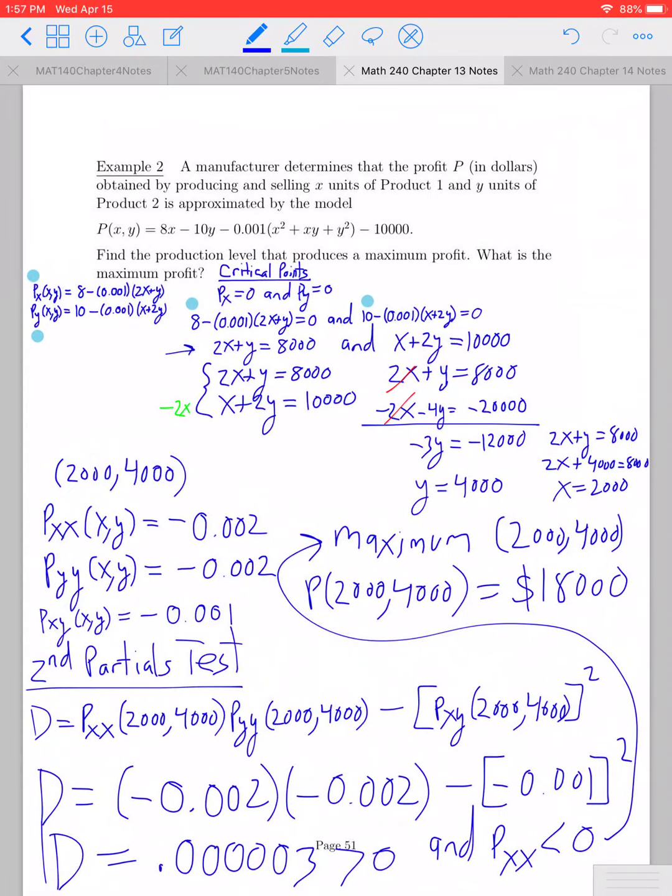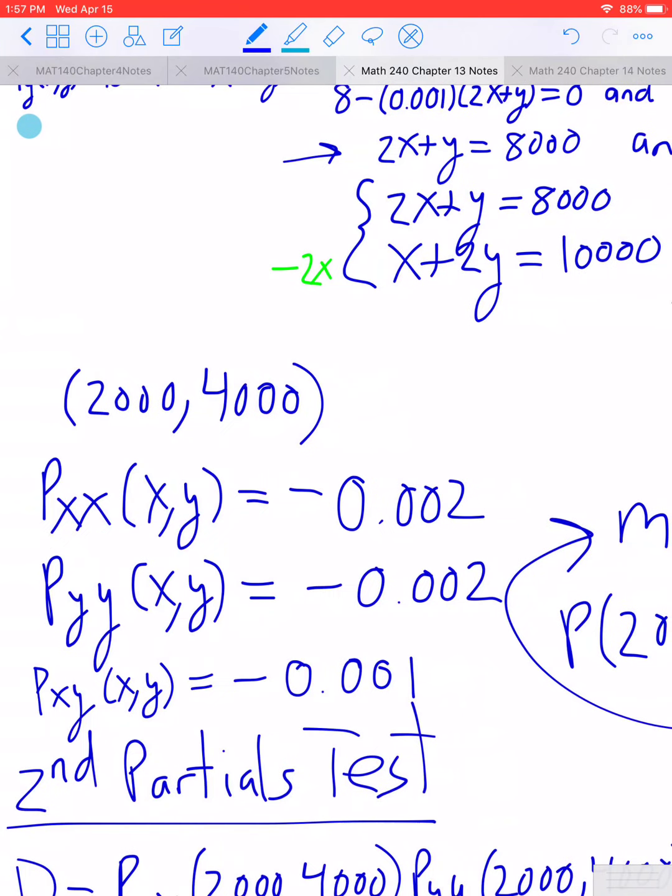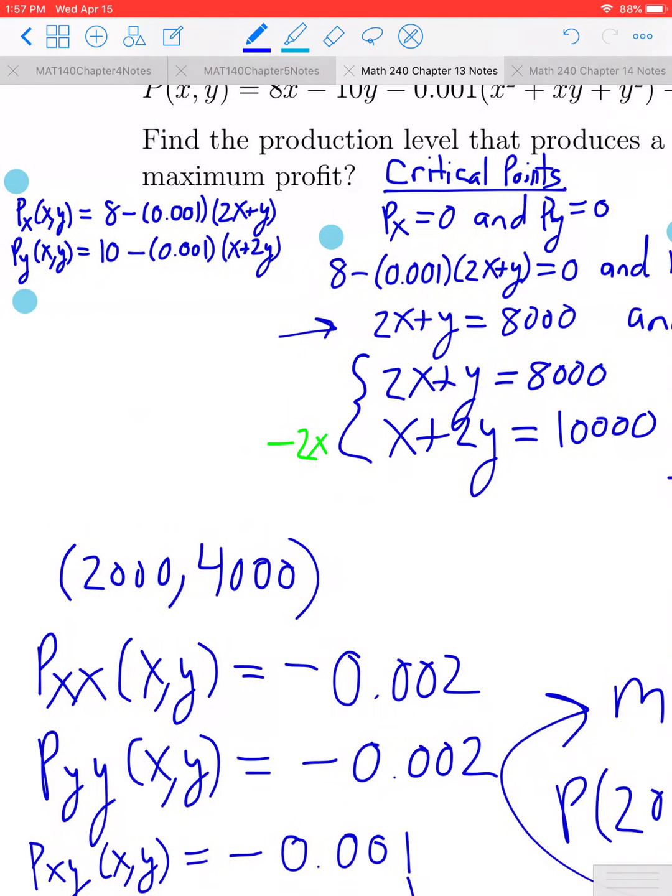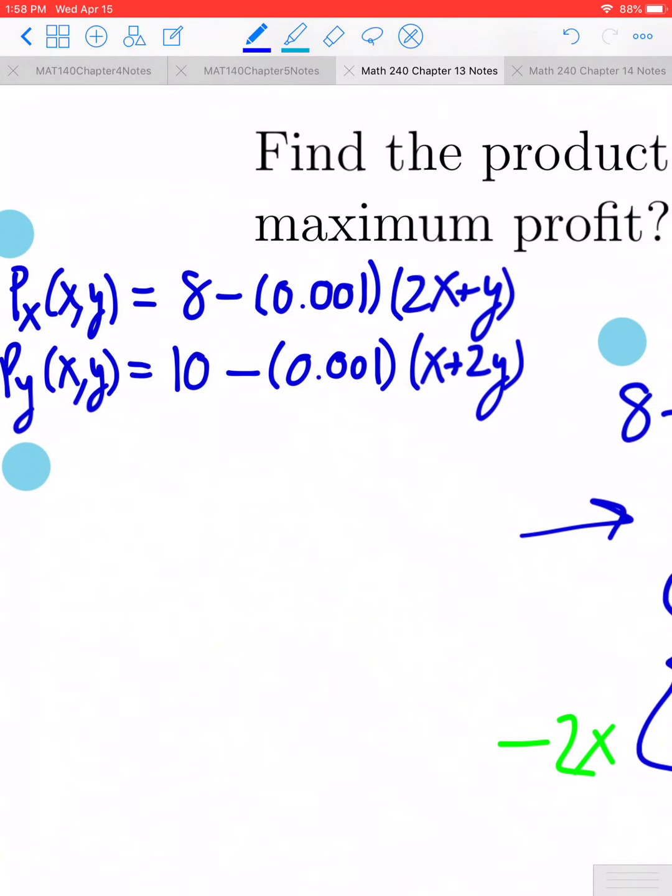The next thing we want to do is use the second partials test to see whether this point would produce a minimum, maximum, or perhaps neither. It could even be a saddle point. So we need the second partial of p with respect to x. If I take this first partial derivative and differentiate with respect to x again, the derivative of 8 will be 0.